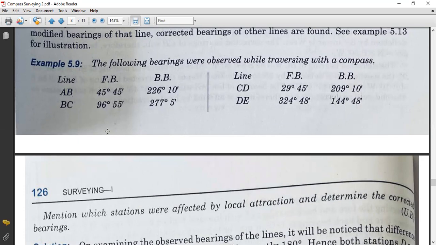Next, line CD: 209 degrees 10 minutes minus 29 degrees 45 minutes. That will not give you 180 degrees. Next, 324 degrees 48 minutes minus 144 degrees 48 minutes. That will also not give you 180 degrees. Correct. So BC is the line where I get the difference of 180 degrees.